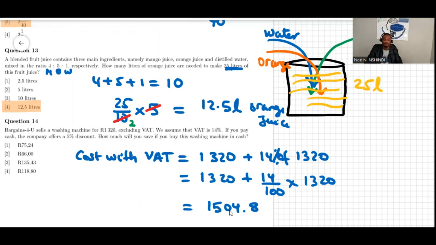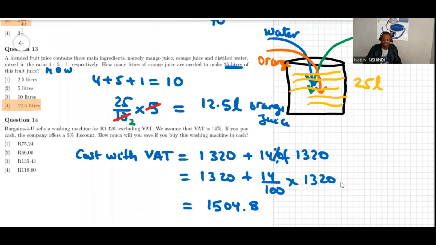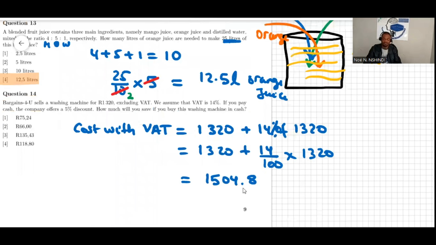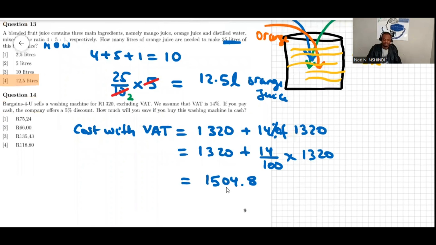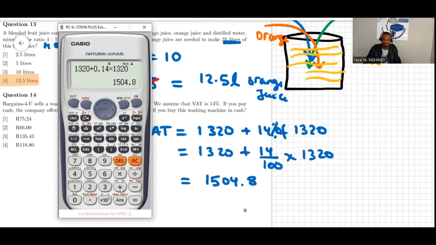Now the question says that the company offers a 5% discount. So what is 5% of this amount? We just multiply this answer by 0.05. This is 5% of this amount.